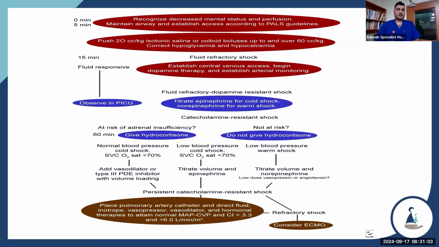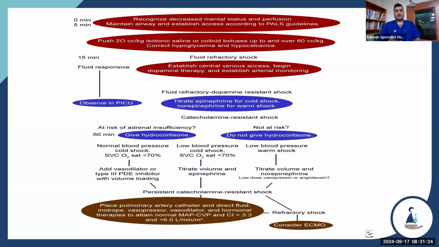If low blood pressure, cold shock, and systemic venous oxygen saturation less than 70, titrate volume and give epinephrine. If normal blood pressure, cold shock, and systemic venous oxygen saturation less than 70, add a vasodilator or type 3 PDE inhibitor with volume loading.